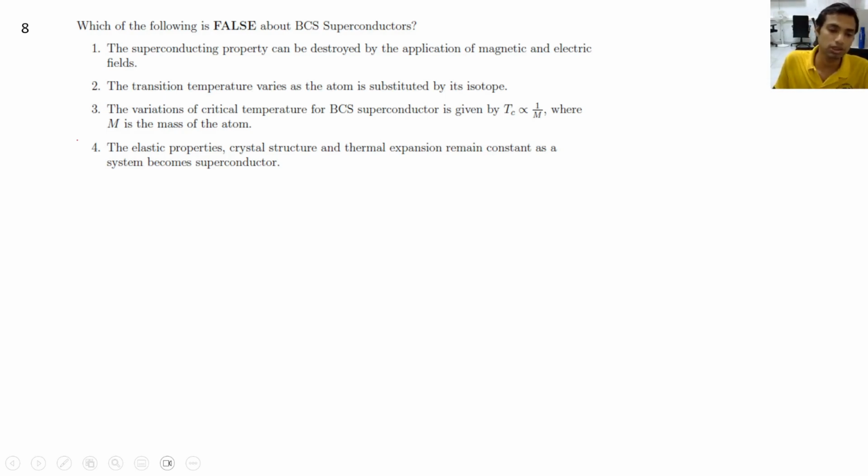So the superconducting property is destroyed by strong electric and magnetic fields. So this statement is true. The transition temperature varies as the atom is substituted by its isotope. We have seen that the critical temperature Tc is inversely proportional to the square root of the mass. So this statement is true.